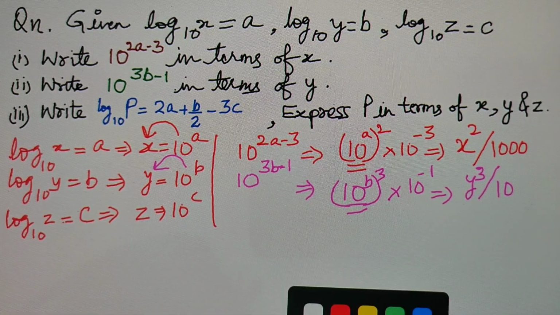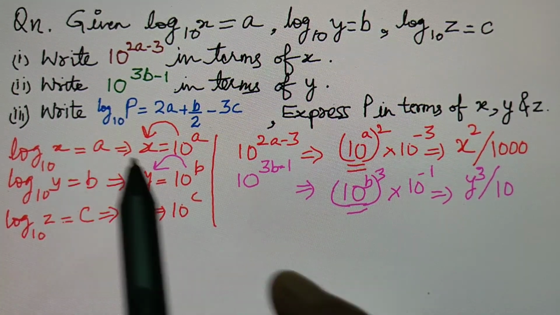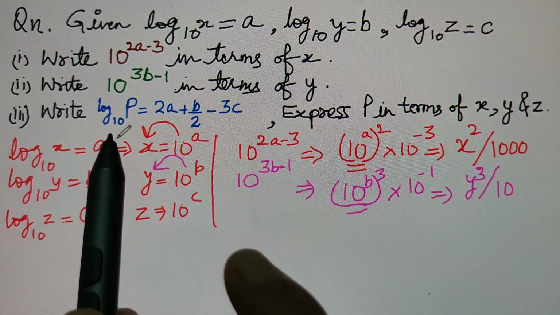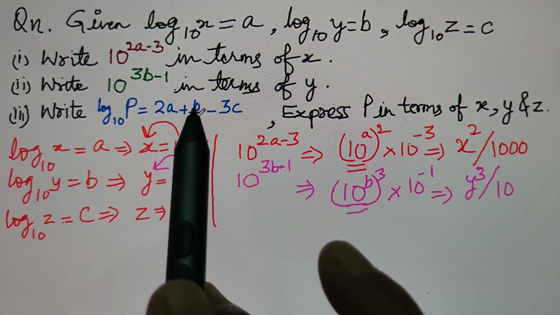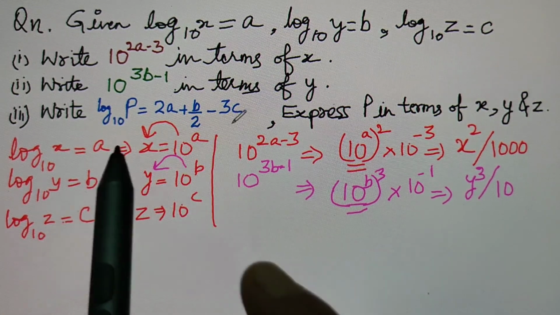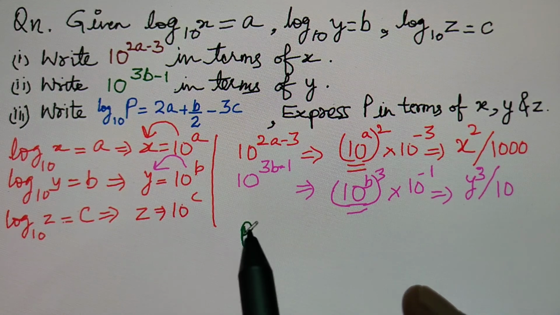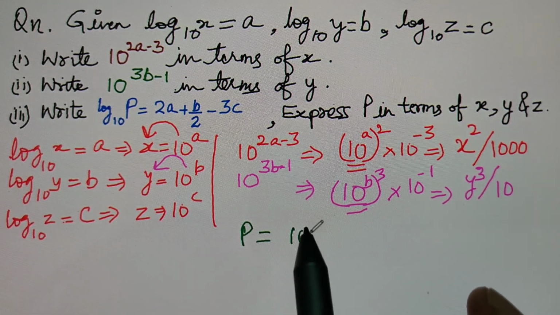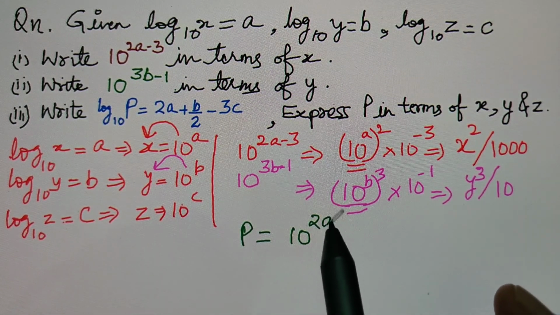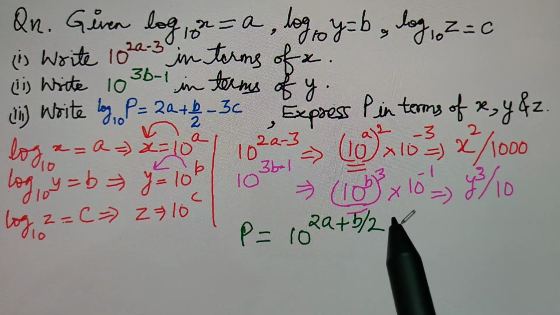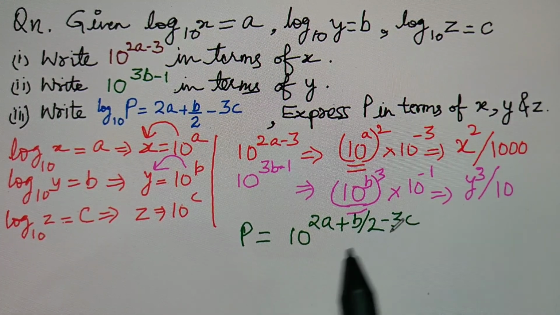In the last part of the question where we have log of p to the base 10 which is equal to 2a plus b upon 2 minus 3c. Now this can be written as p equals to 10 to the power 2a plus b upon 2 minus 3c.